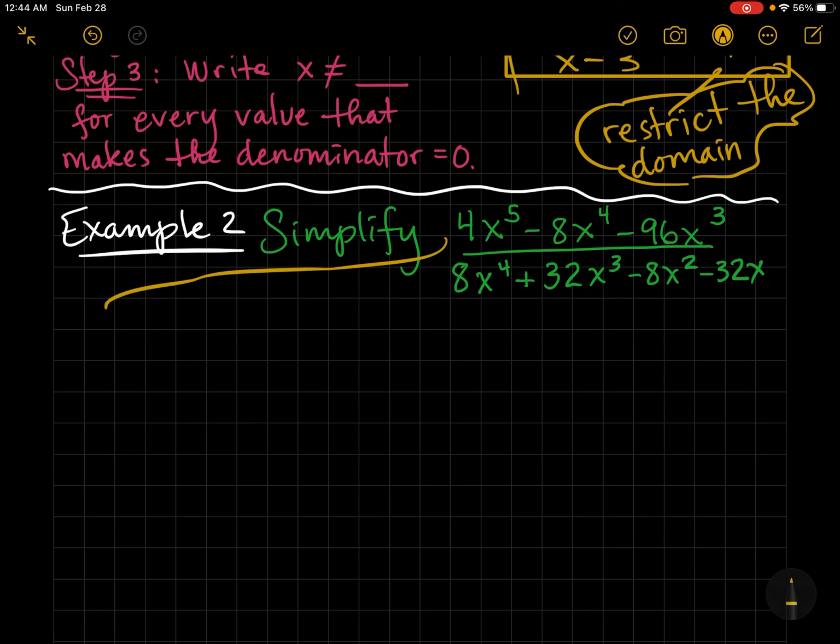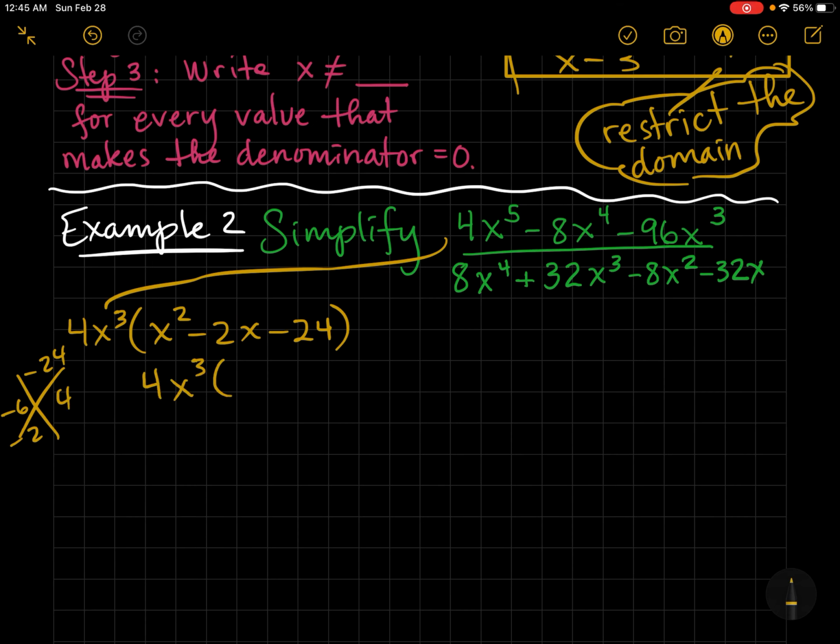So for that numerator, I can first factor out a GCF of 4x cubed, which leaves me with x squared minus 2x minus 24. Yeah, that looks good. And I can do another diamond here. Hopefully you remember how to factor. And so we have 4x cubed, x minus 6, x plus 4 for that part.